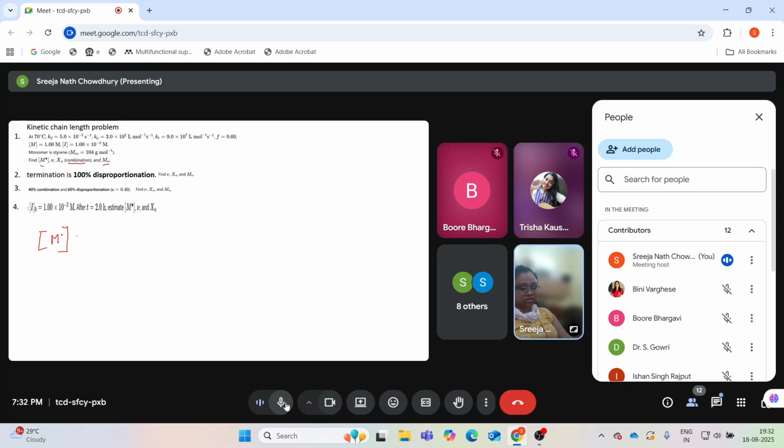Oh, sorry, M naught, this is not right. M naught is 1.53 into 10 to the power minus 8. Now the nu is 1.9 into 10 to the power 2.